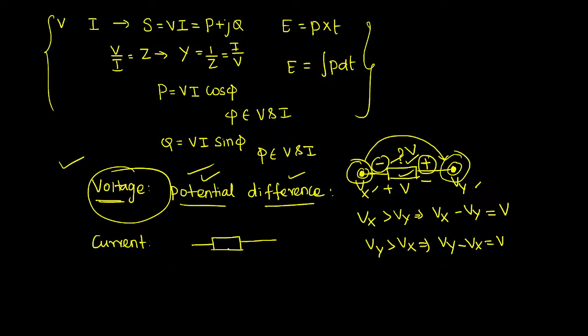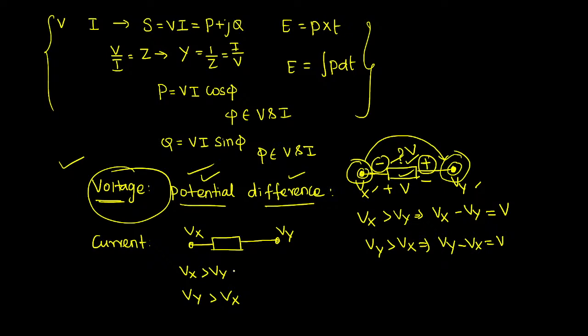Suppose this is the branch. Go to the terminals of the branch. Identify the voltages Vx and Vy. Now check whether Vx is greater than Vy or Vy is greater than Vx. First identify. It is just by looking into the circuit that we can identify this.